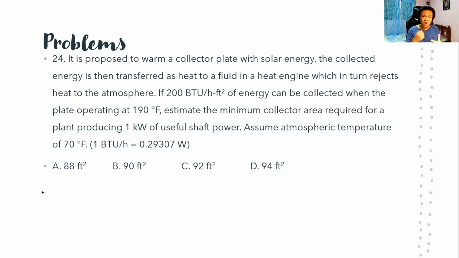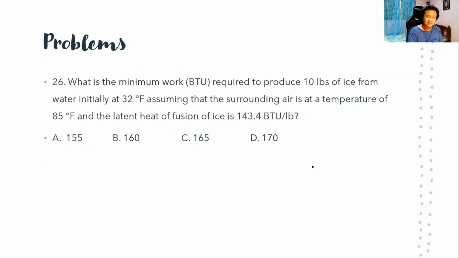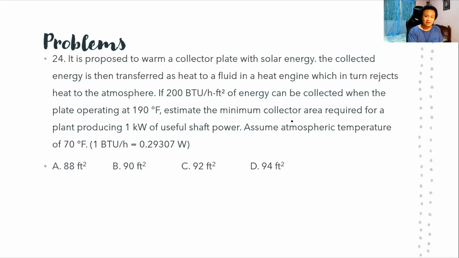Okay, so how do we go with this problem? So we have to find the area of a warm collector plate, diba? So let us draw the system here. So we are to find this area, diba?